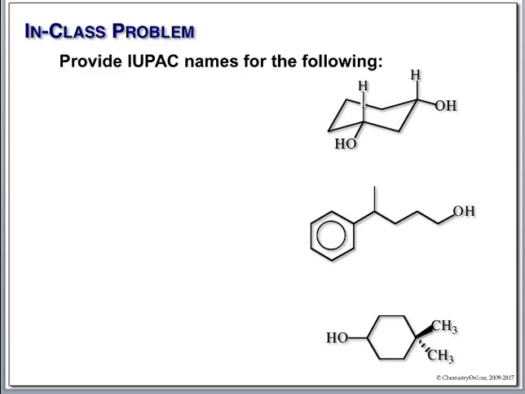Well, go ahead and jot down acceptable IUPAC names for these guys. We have 2 OH groups, so it's going to be a diol. It's a cyclohexane ring, so it will be a cyclohexane diol.